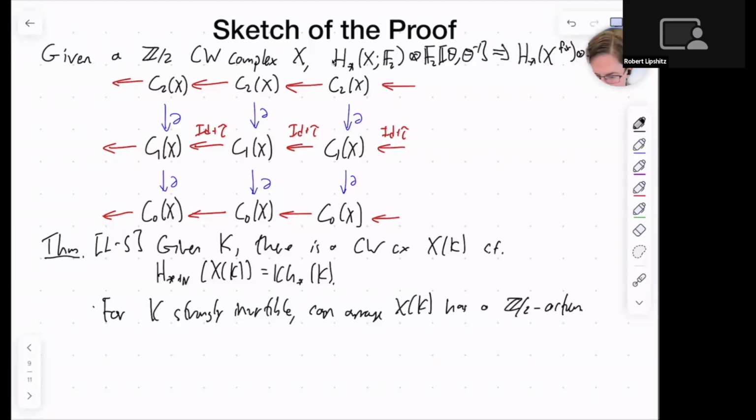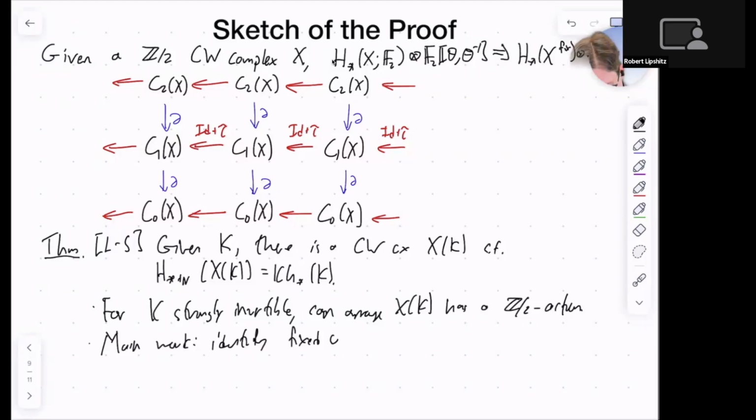Then you can apply this theorem at the top, and it gives you a spectral sequence to something. And the main work is you need to identify the fixed set, X of K fixed. Fortunately, how to do that was discovered in the two-periodic case by other people.